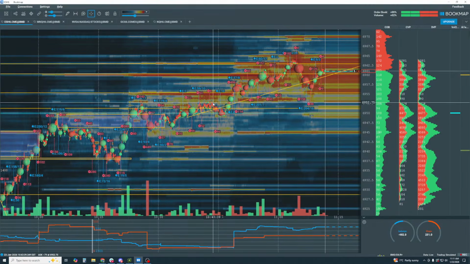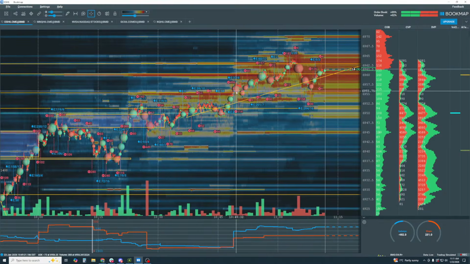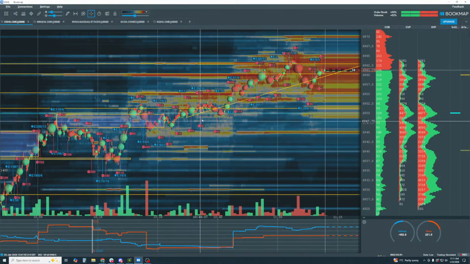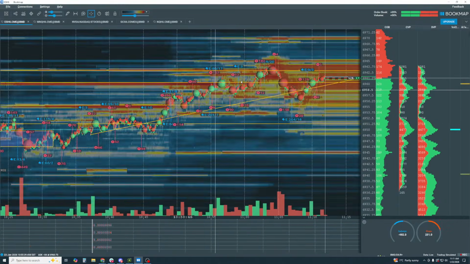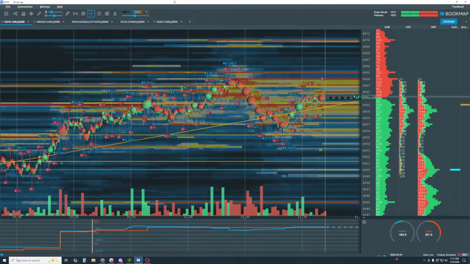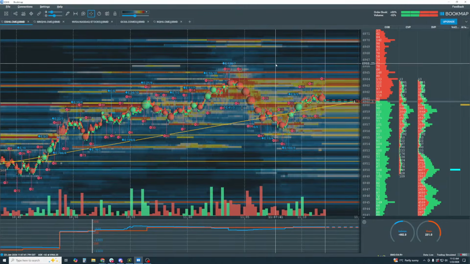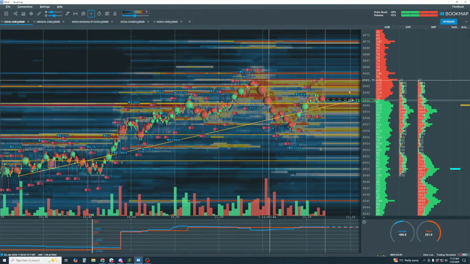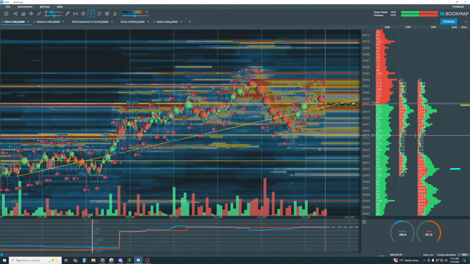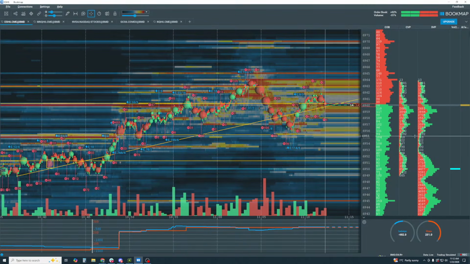You can see it here in the columns, but here's the quick move through it, and then it didn't trade back into this area in here, and it still hasn't. Any little pullback would work today.